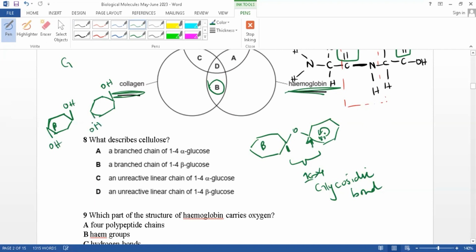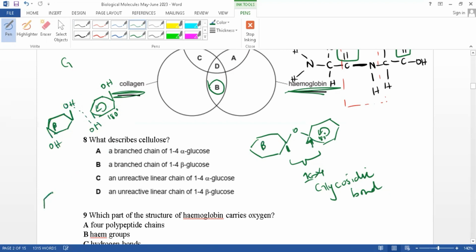So if the bond is formed in this way, it will be a weak bond. In order to make it a strong bond, this second beta glucose rotates upside down. When it rotates upside down, all the things which are above the ring go down, and all the things which are below the ring move up.